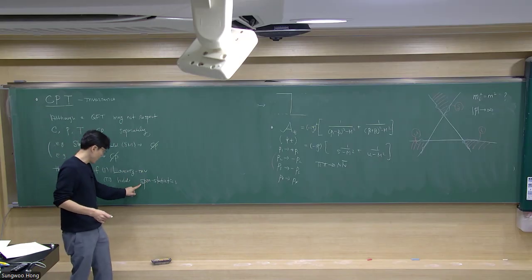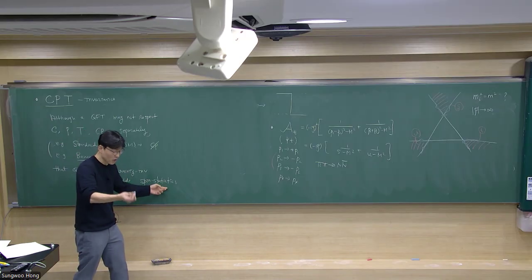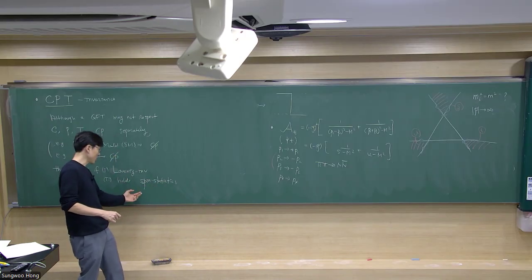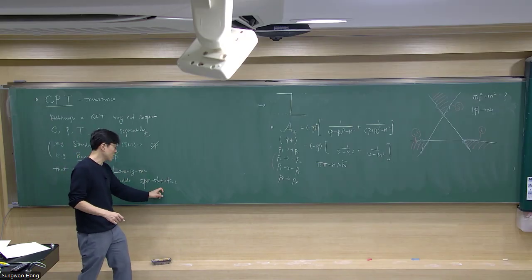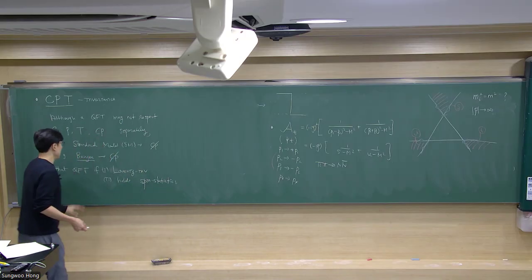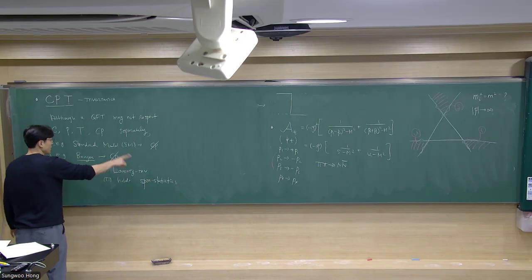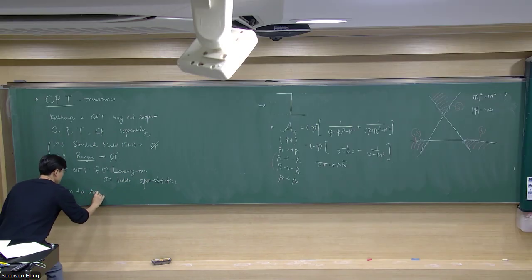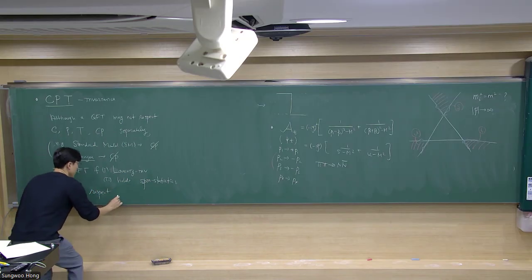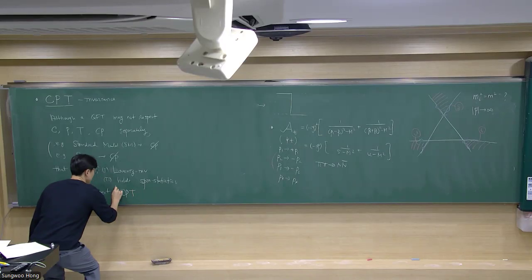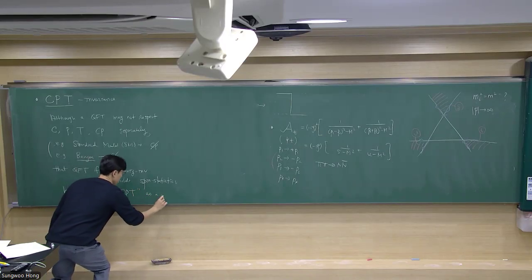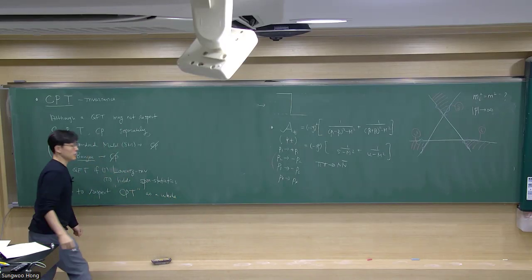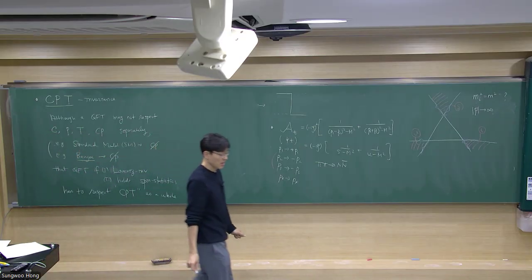So integer spin, bosons, have to satisfy bosonic statistics, right? And half-integer spin, fermions, have to satisfy fermionic statistics. So provided that you satisfy this, it has to respect CPT as a whole. It's called the CPT theorem. Okay?